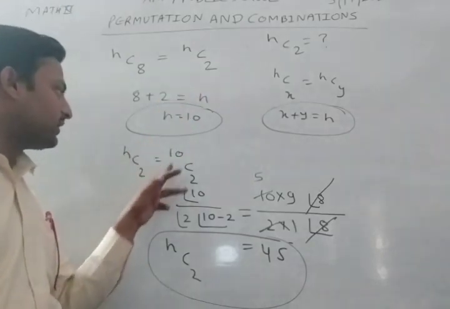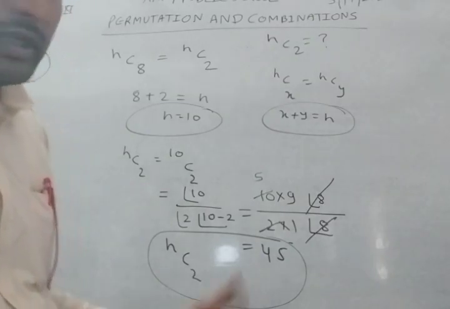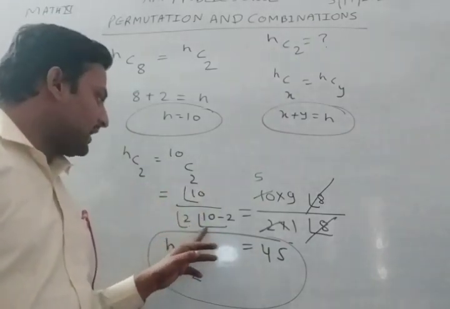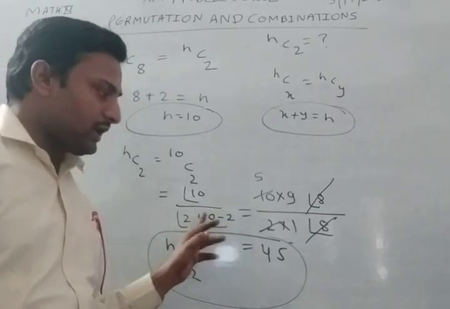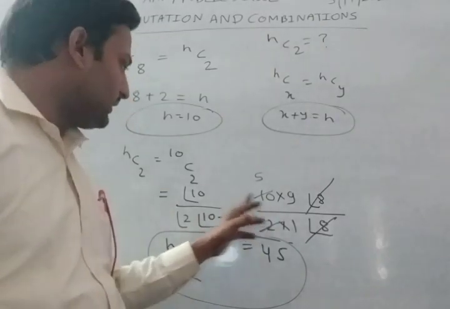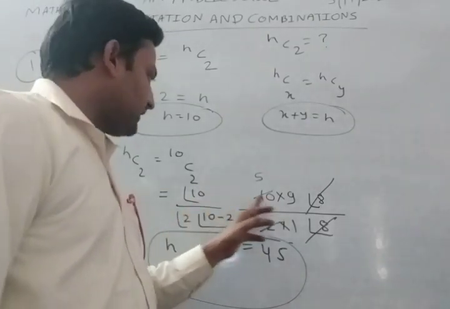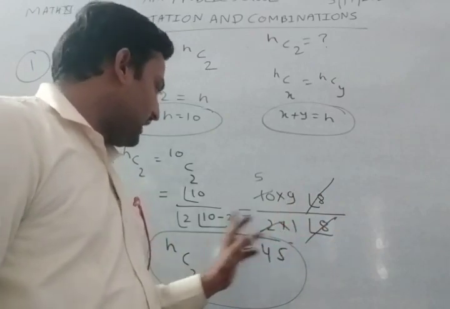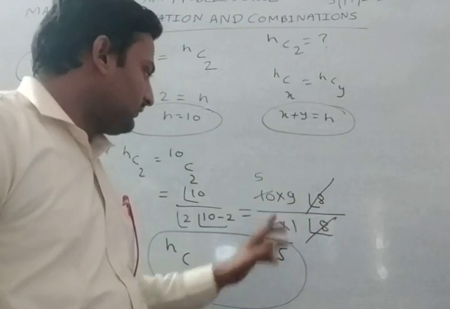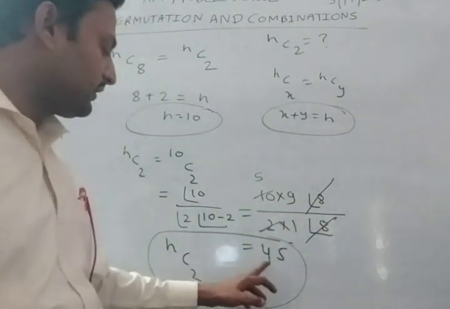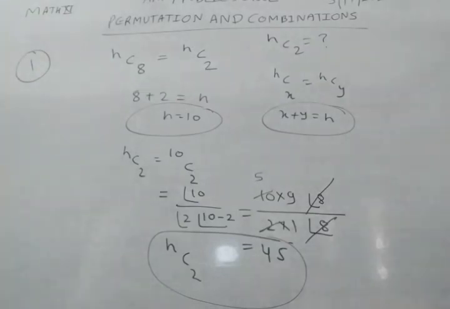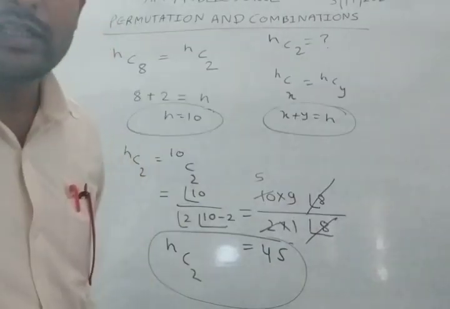Now nC2 is equal to 10C2, so factorial 10 by factorial 2 and factorial 10 minus 2, nCr with n minus r. After solving, factorial 10 is 10 into 9 into factorial 8, and factorial 2 can be written as 2 into 1. This can be cancelled. We get 5 into 9, that is 45. So it will be our answer. We will see the next question.